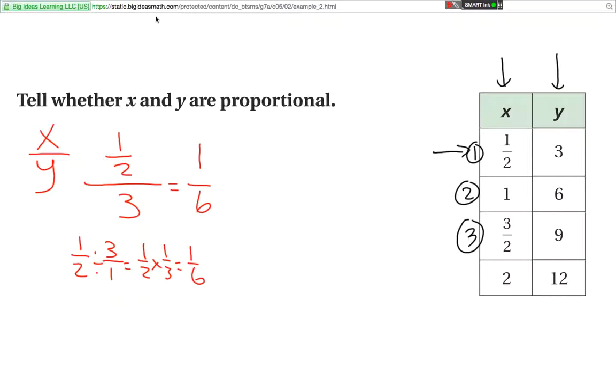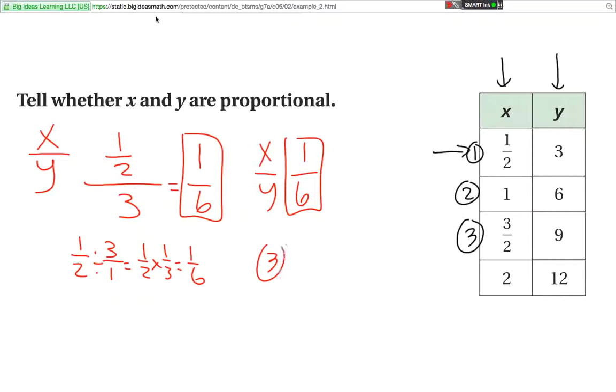Well, go figure. The one already set up for number 2 is 1/6 already, because for that one x is 1 and y is 6. So the first one and the second one are already the same. Check the third one just to be sure. Number 3, the x is 3 over 2 and the y is 9. So we're going to do another division problem: 3 over 2 divided by 9 over 1.